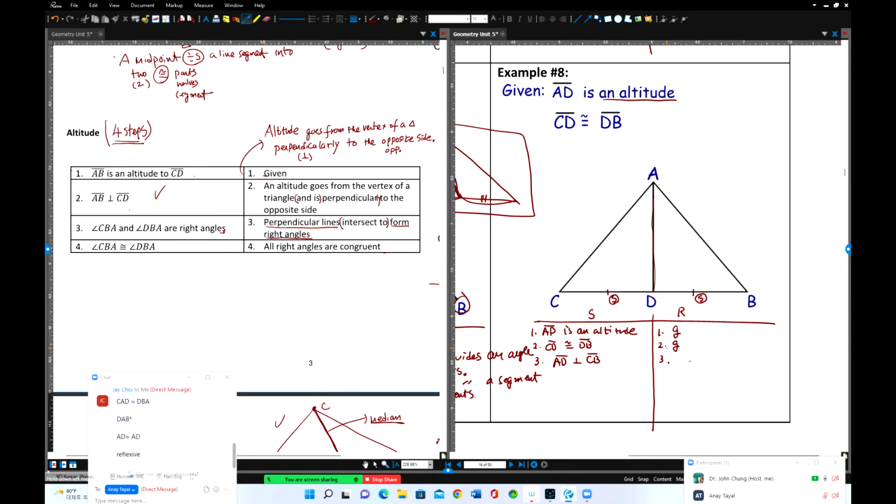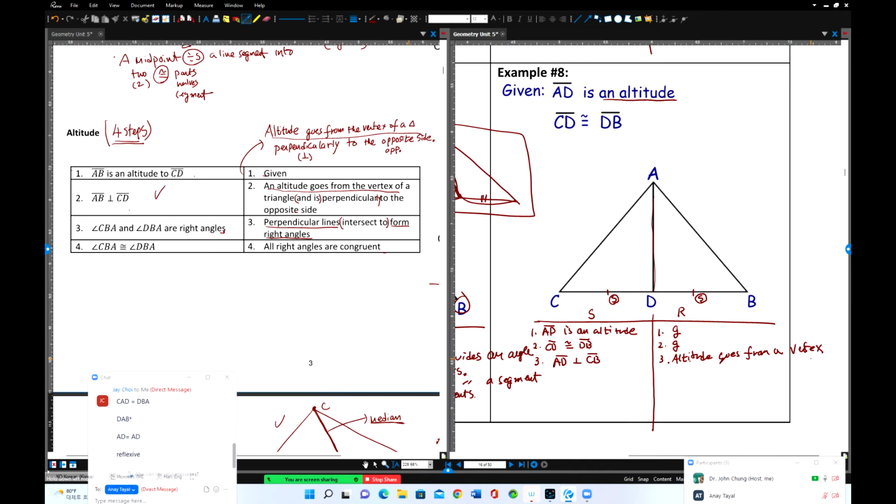So you write down: an altitude goes from a vertex of a triangle. Can you see it over here? Or I like this one too. An altitude goes from the vertex. I'm going to write it down. A vertex, or sometimes of a triangle, right? Because the vertex is anyway of the triangle, you can skip this one.